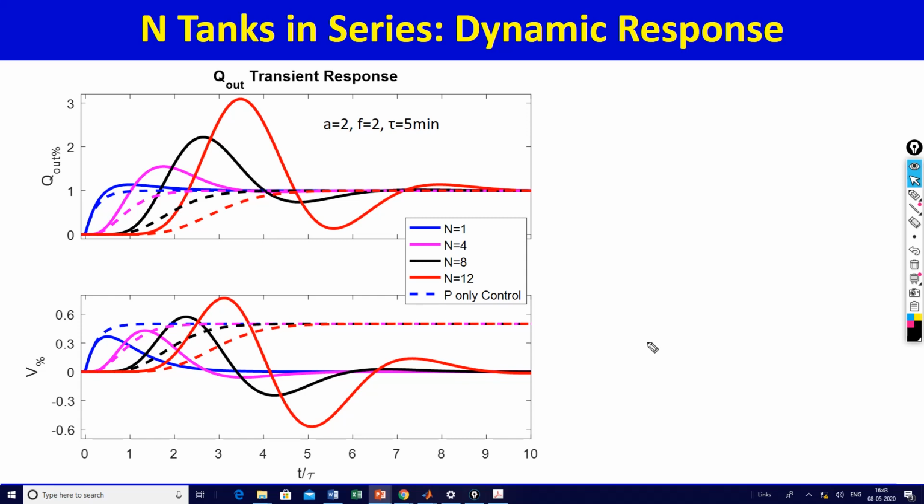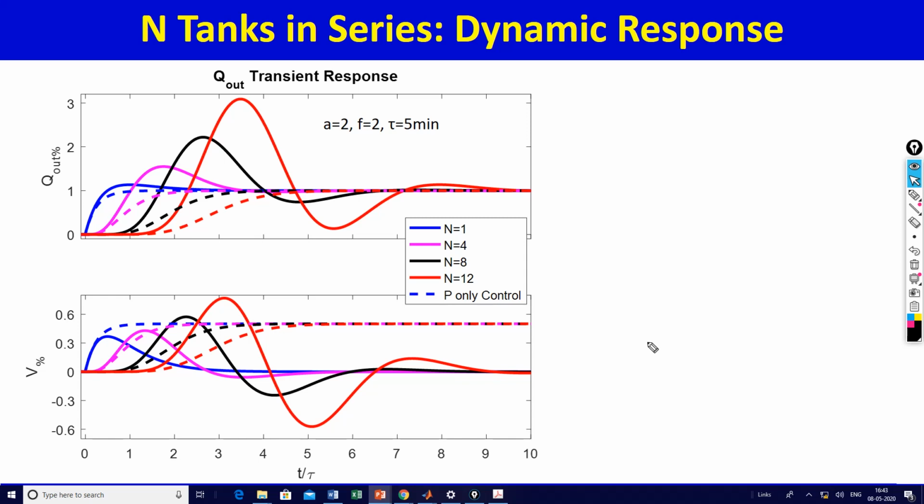So the red curve, for example, it takes about what, t by tau. By the way, the x-axis is scaled t by tau and not t itself. You can see that the red response has not settled in. Let's compare red dashed and red solid.